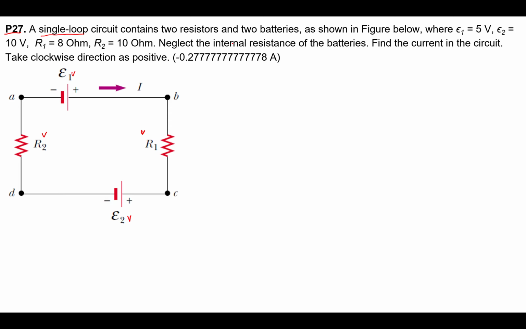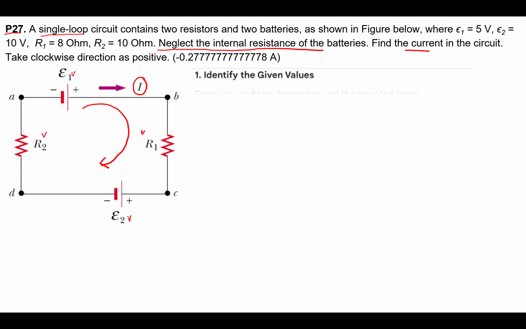We are going to neglect the internal resistance of the batteries, so all the resistance is simply R1 and R2. Find the current in the circuit. We take the clockwise direction as positive. This is the I direction, and we need to find I.